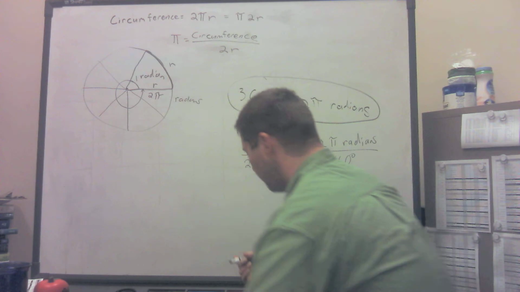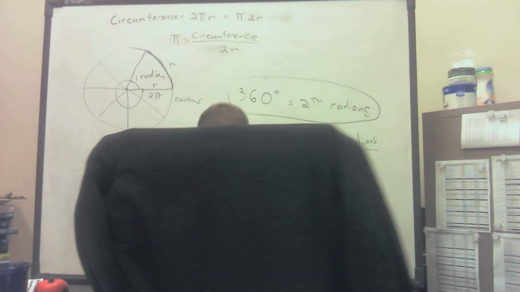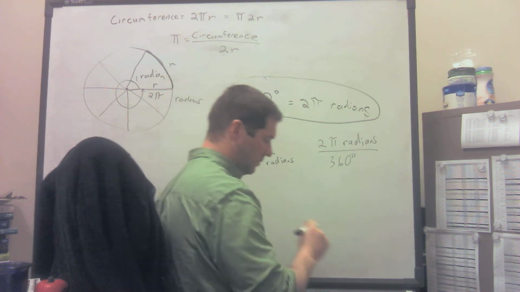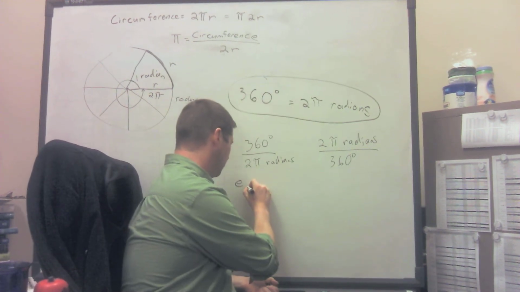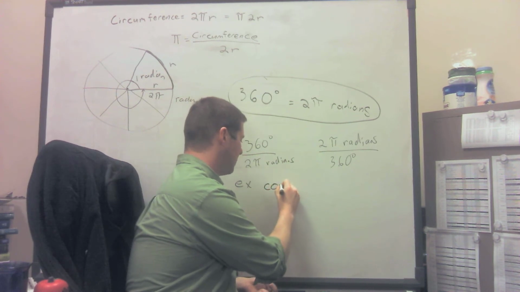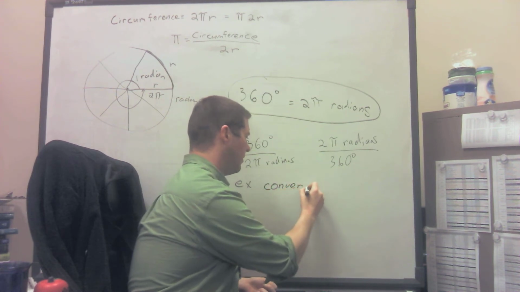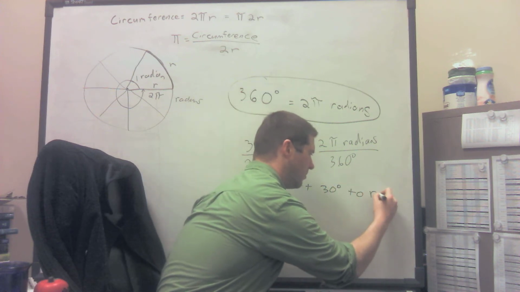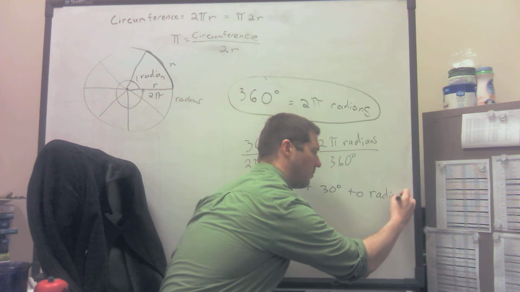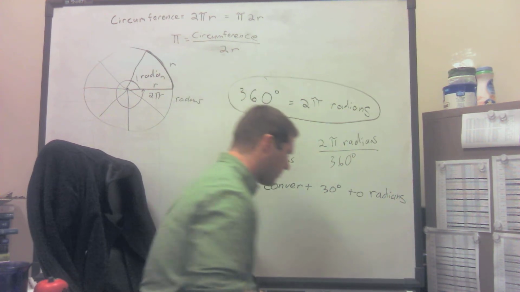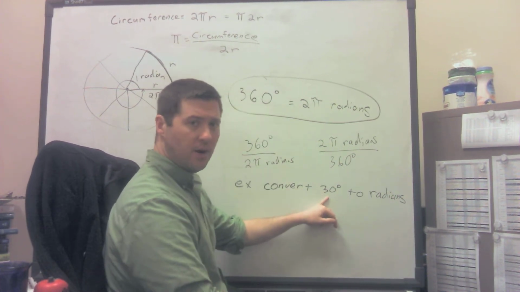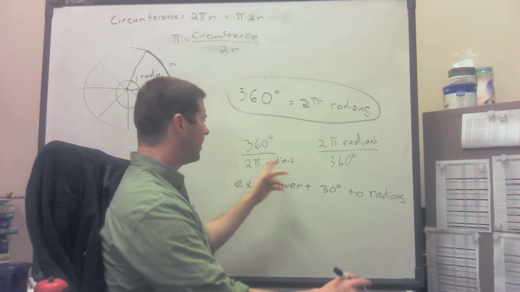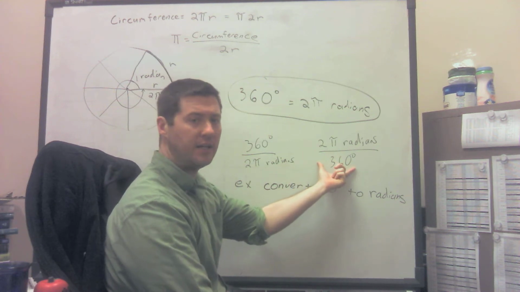So a simple example. Let's say we want to convert 30 degrees to radians. So what would I do? I want to cancel out my degrees and be left with radians. So I need the conversion factor that has degrees down in the denominator.